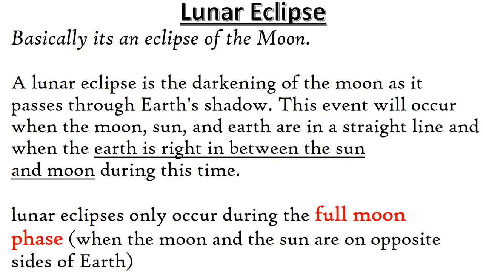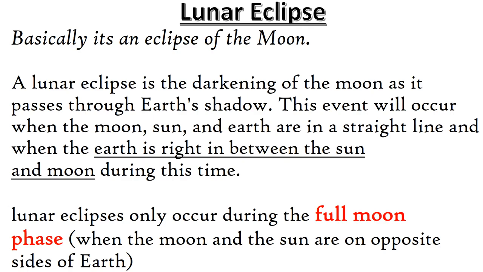The second type of eclipse is lunar eclipse. Basically, it's an eclipse of the moon. A lunar eclipse is the darkening of the moon as it passes through Earth's shadow.